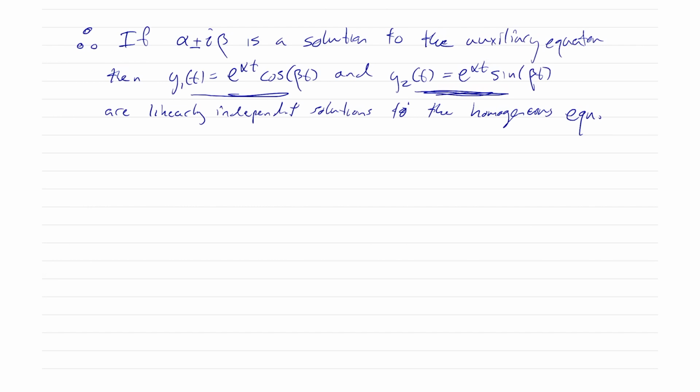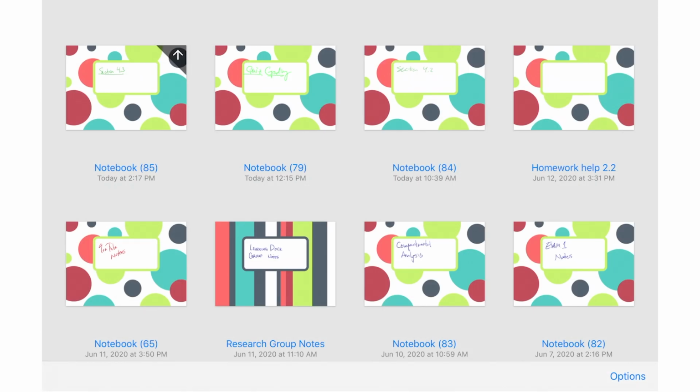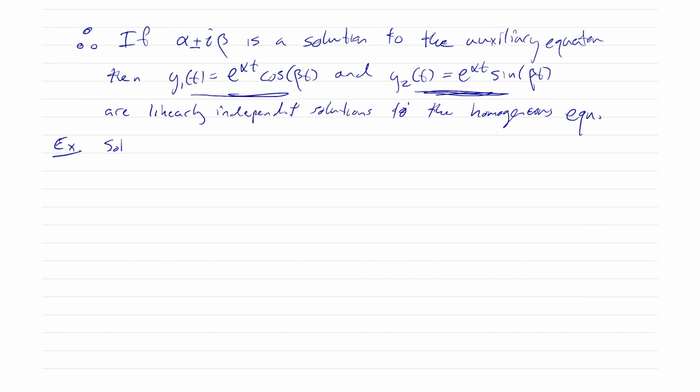Say example 1 here. Solve the initial value problem: y double prime plus 2y prime plus 2y is equal to 0, where y of 0 is equal to 0, and y prime of 0 is equal to 2.